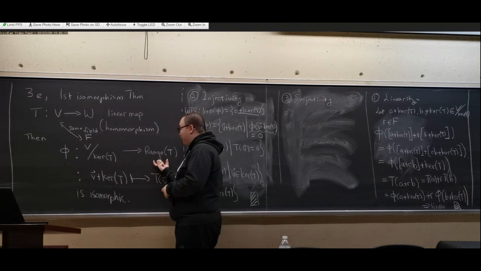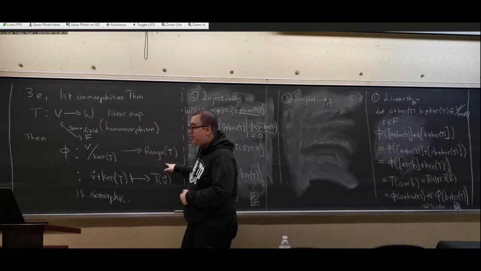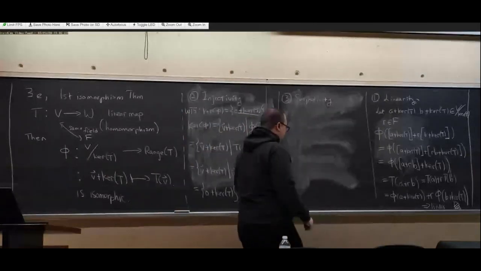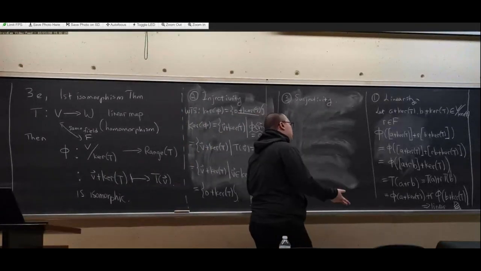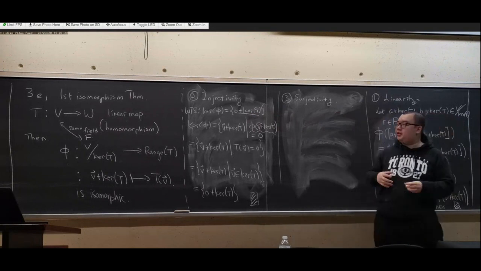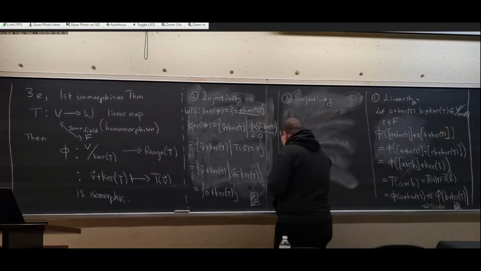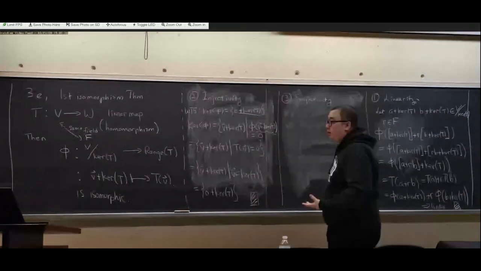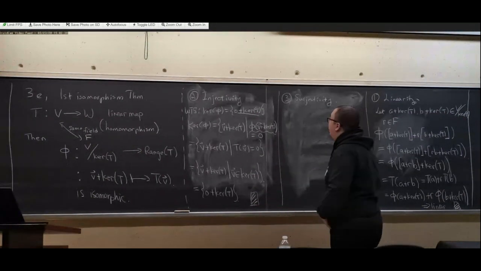So everything in the codomain is mapped from something from the domain. Everything in the codomain is the result of some map from the domain. So we want to prove a property about everything in the codomain.